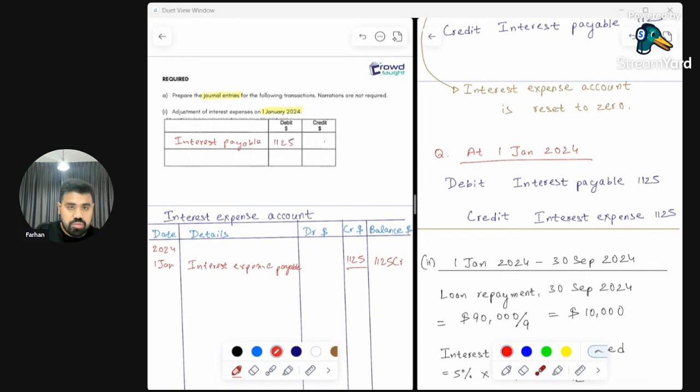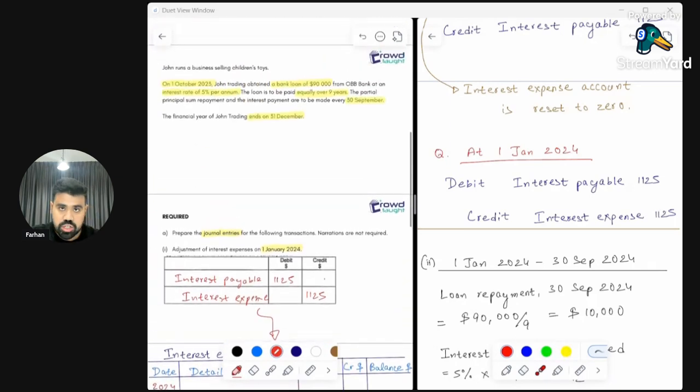Technically, when we are transferring it to the interest expense account, we would then be crediting the interest expense based on what we understand for our entry, which we have done within the ledger account. All right. Okay. Now let's look into the second part of the question.